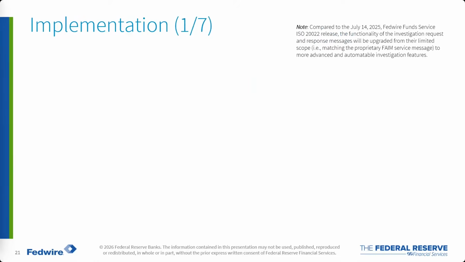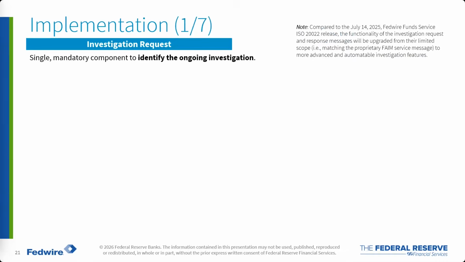Now, the message has a series of building blocks that we will cover in the next 7 slides. I want to repeat again that our focus for this webinar is on the changes compared to our limited scope July 2025 implementation. These changes are across those 7 slides highlighted in red.